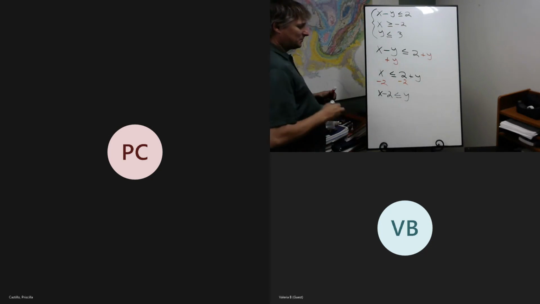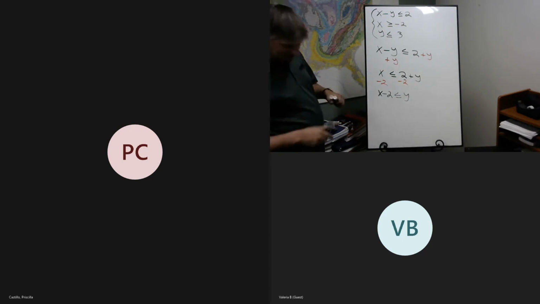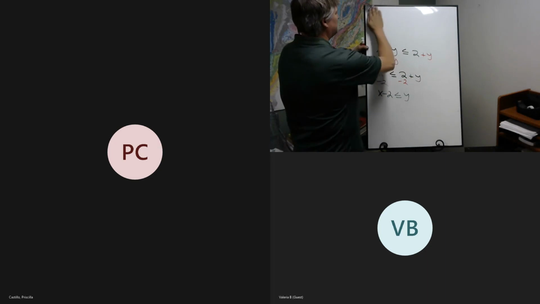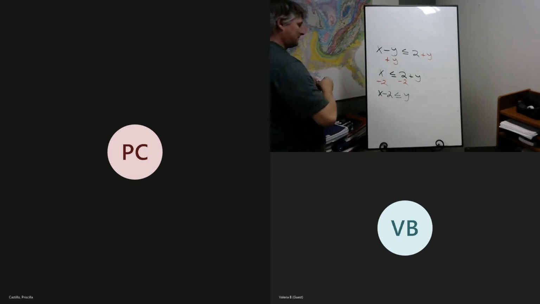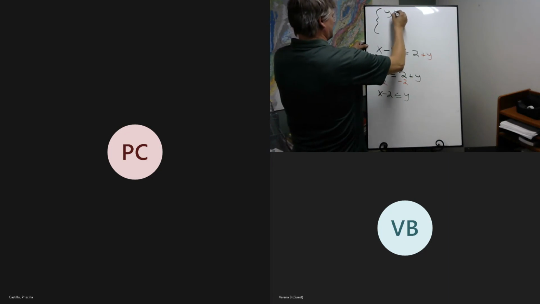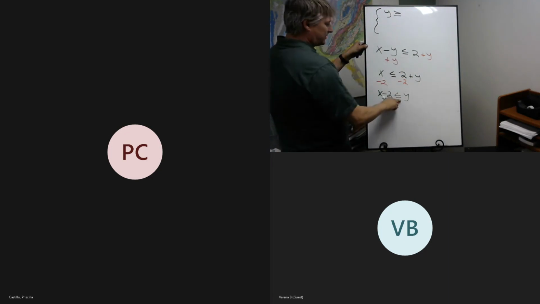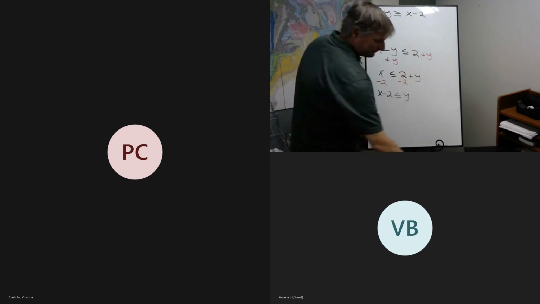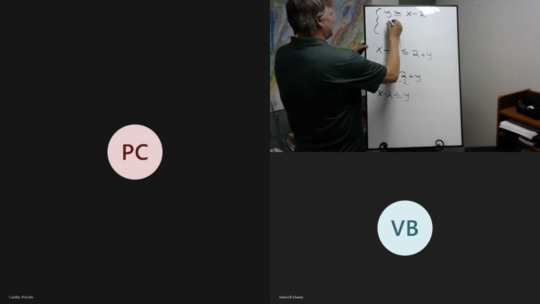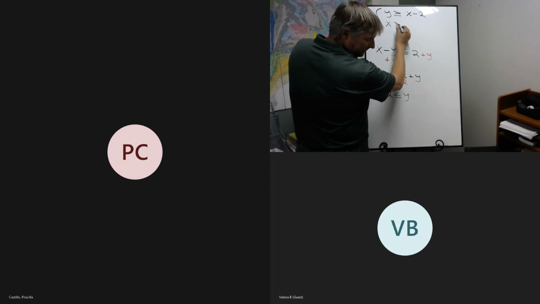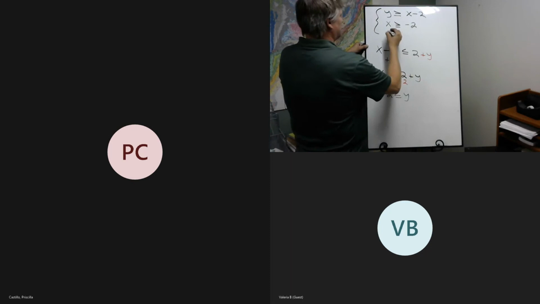So we're going to get this right here. So we can rewrite the system of equations. So y is greater than or equal to x minus 2. Then we had x is greater than or equal to negative 2.